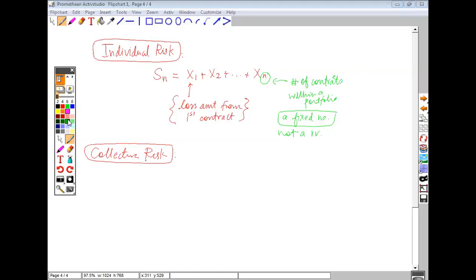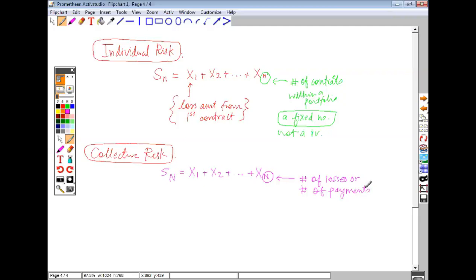So here what happens is, random variable. Yeah, exactly. Here n will remain a random variable. So we have S capital N and it will just be x1 plus x2 up until x capital N. So here again, this n will represent the number of losses or the number of payments you do.